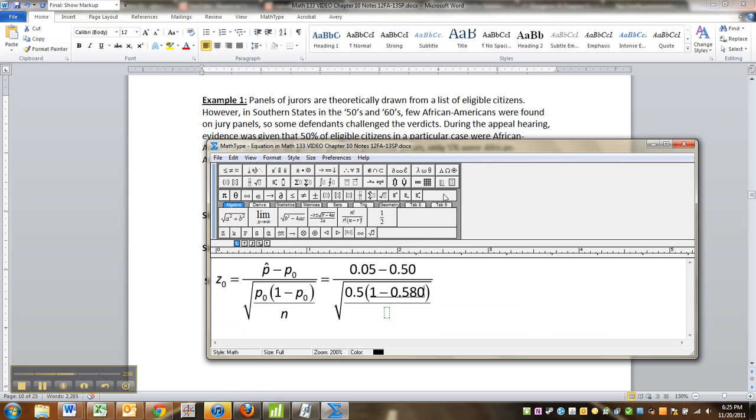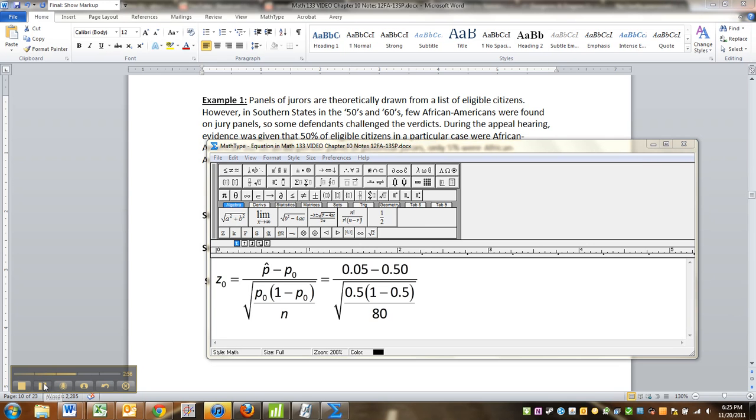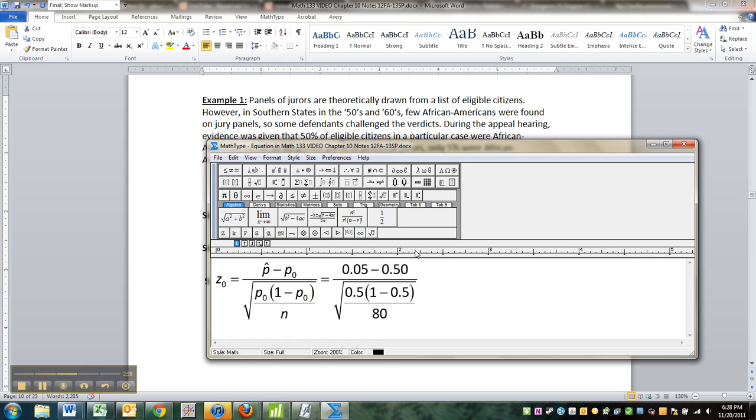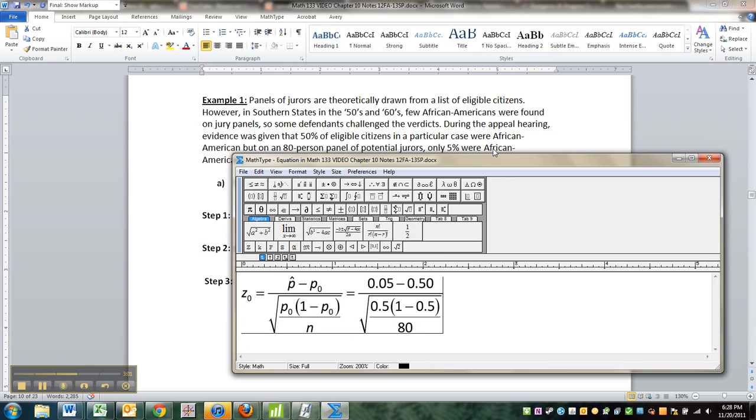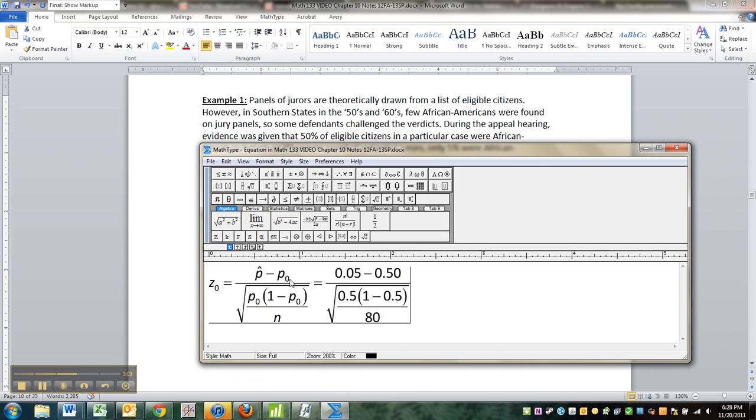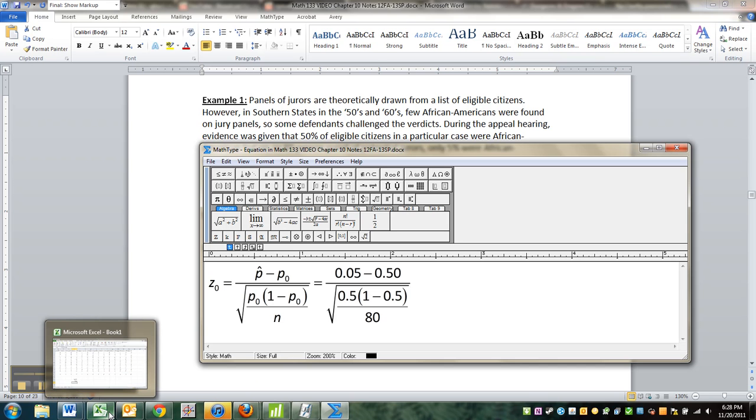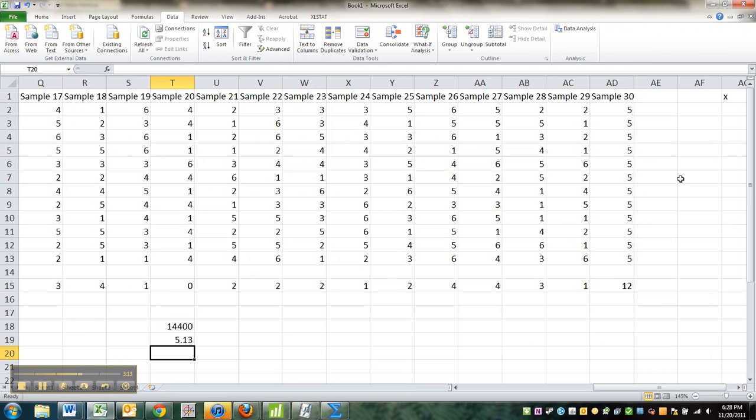Okay, so again, 0.5 was the null hypothesis. p0, get it? Null, 0, get it? 0.05 was our sample proportion, the amount that were actually in the jury room that were African American. Now, what a giant pain to find, but we'll do it.